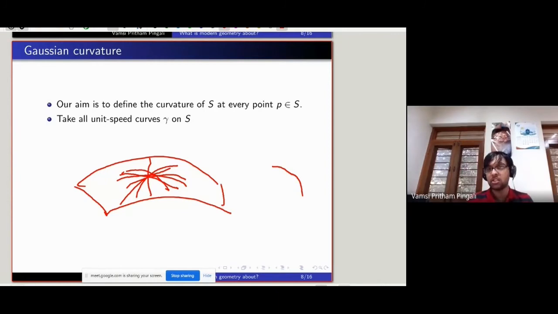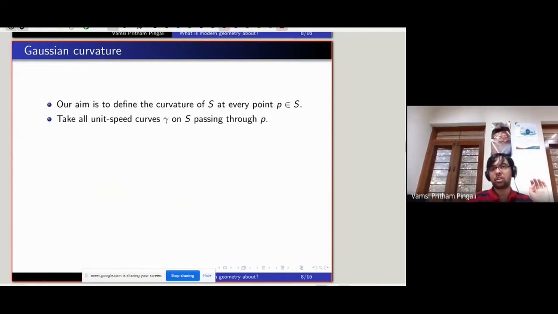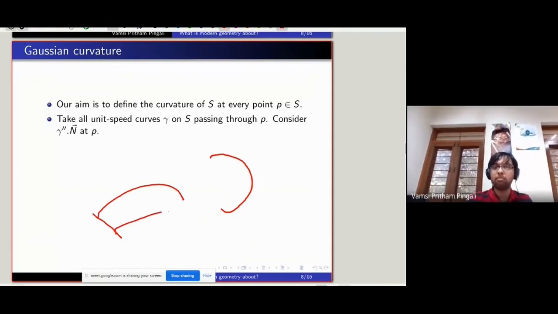However, if it changes its direction, again, all bets are off, right? So consider the acceleration's normal component, because the tangential component can arise because the ant is changing its direction. But the normal component, the component perpendicular to the surface of the acceleration, cannot arise unless the surface is genuinely curved. Okay?